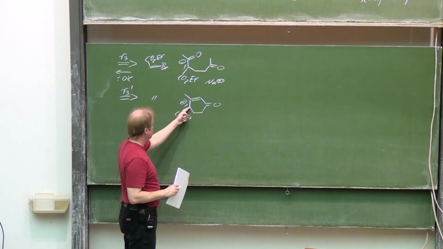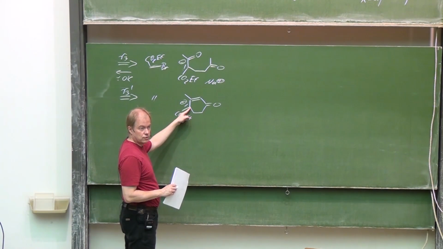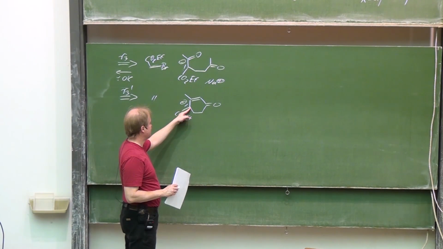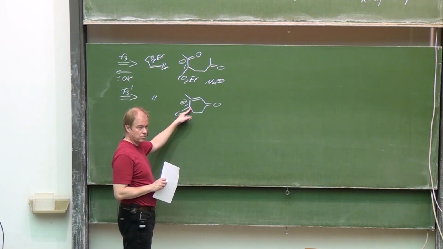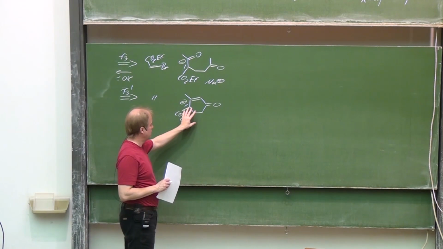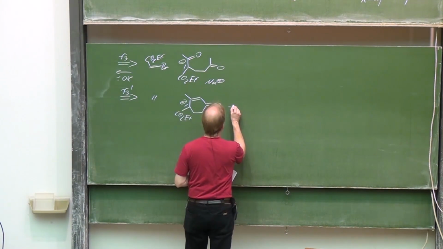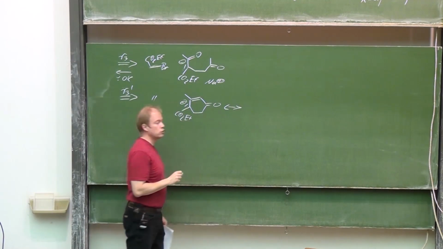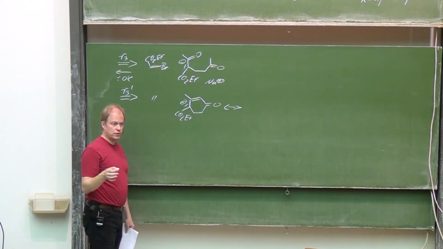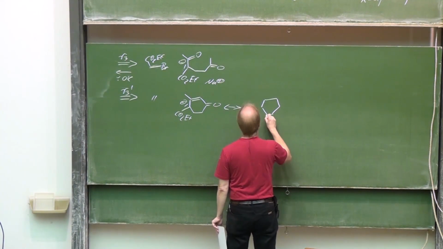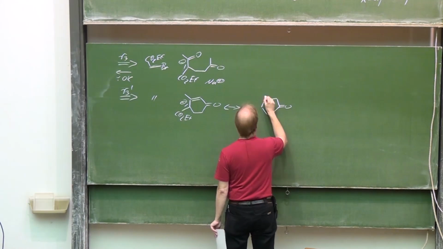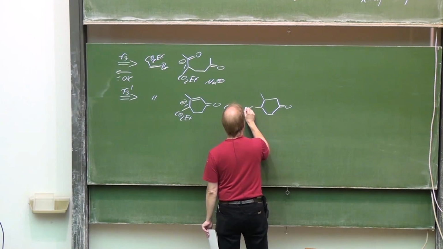Well, okay, it's still double activated at this position. However, maybe you already notice a problem here for that. In this case, we should draw mesomeric structures which will tell us something about the reactivity of that system.